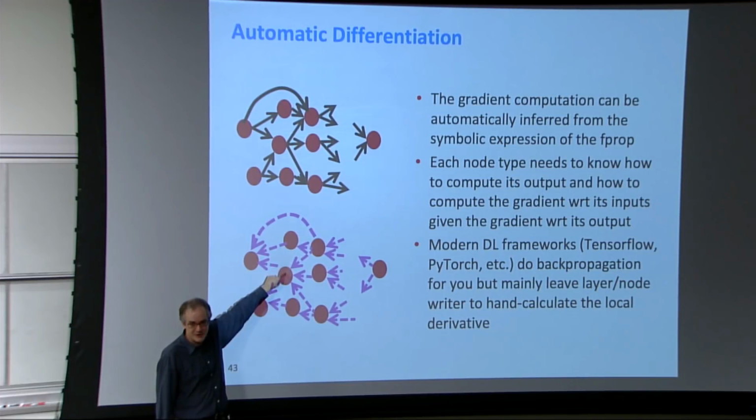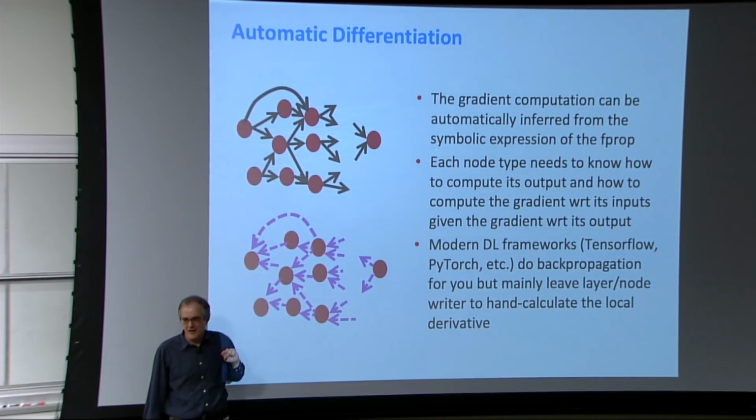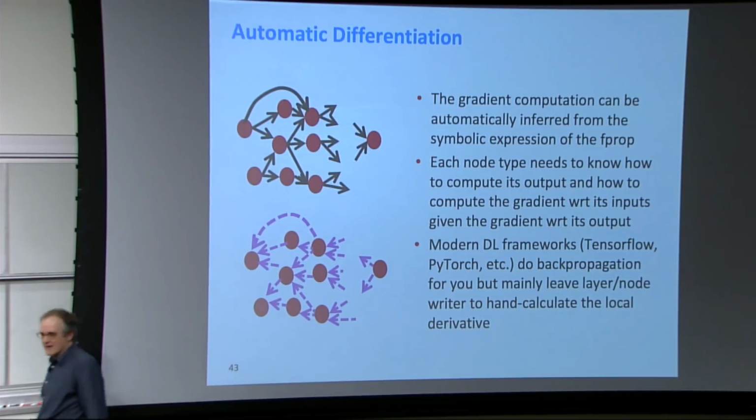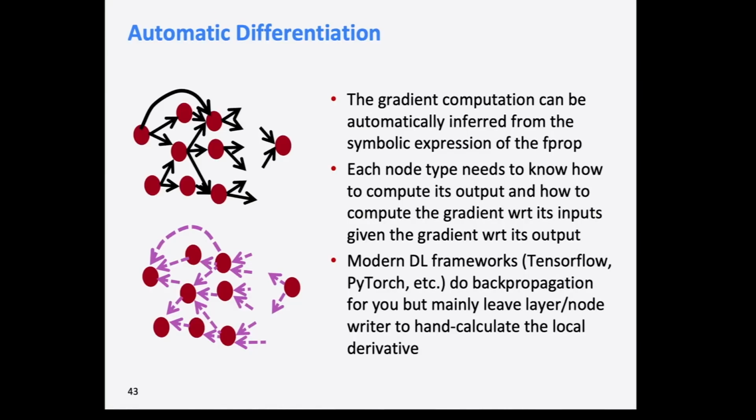For this individual node, you have to write the forward propagation, say, return x plus y, and you have to write the backward propagation, saying the local gradients are 1 and 1 to the two inputs x and y. But providing you or someone else has written out the forward and backward local step at this node, then TensorFlow or PyTorch does all the rest of it for you and runs the backpropagation algorithm.